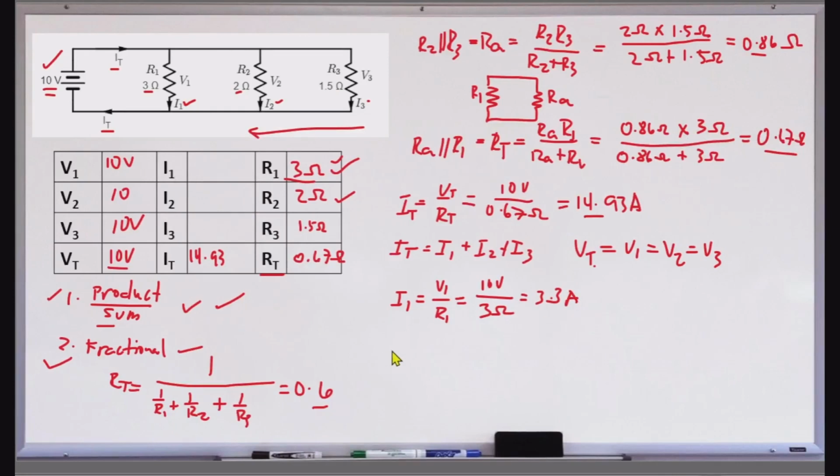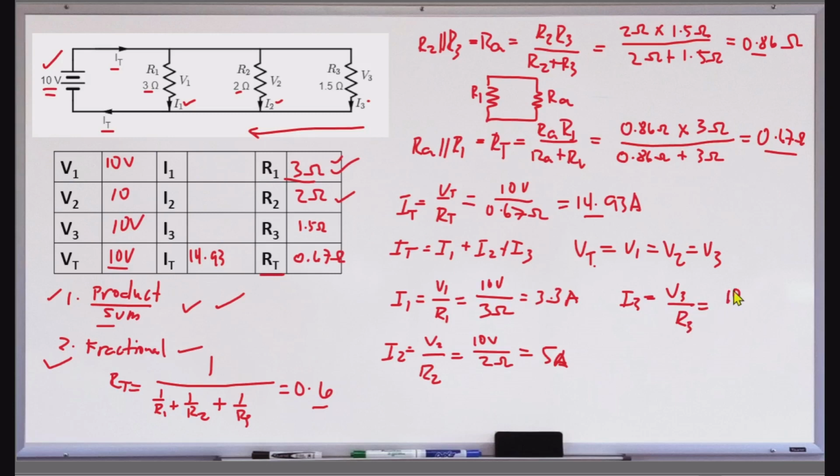Now for I sub 2, we have to use voltage 2 and then resistance 2. So that is going to be 10 volts over R2, which is 2 ohms. So that will give us 5. Now for I3, that will be V sub 3 over R sub 3.